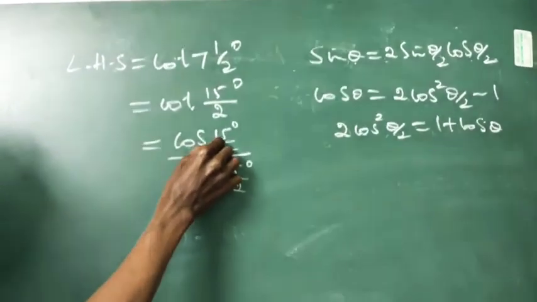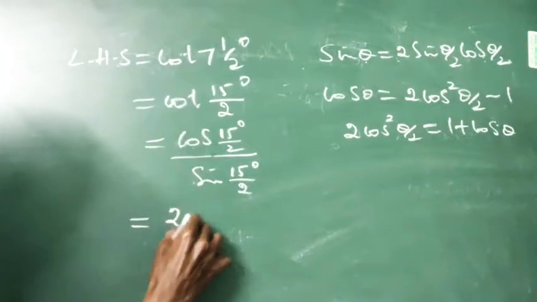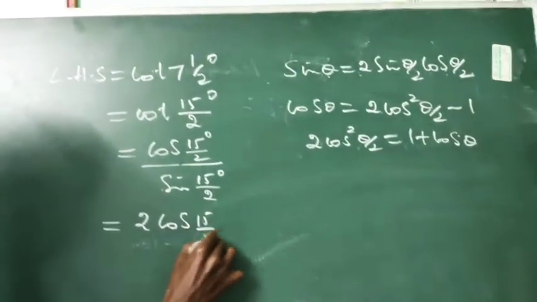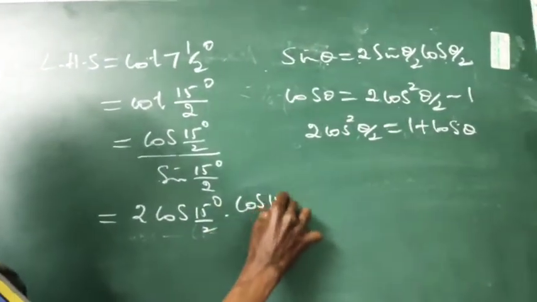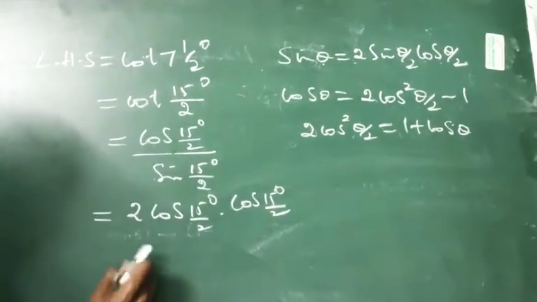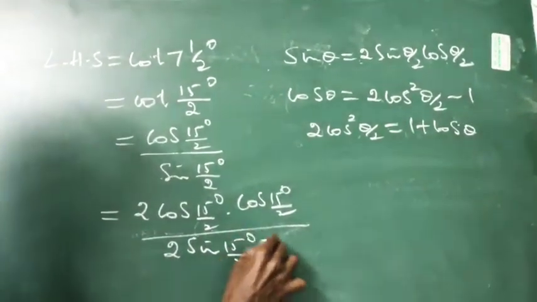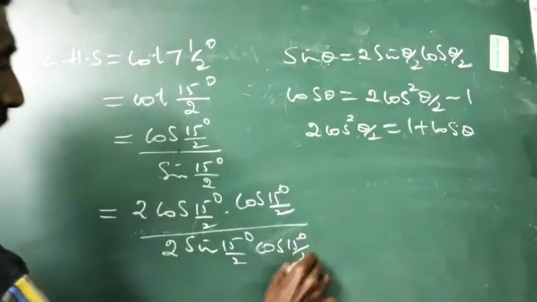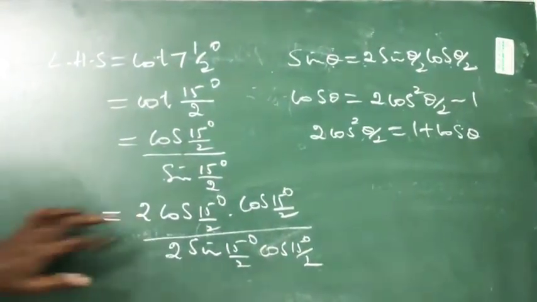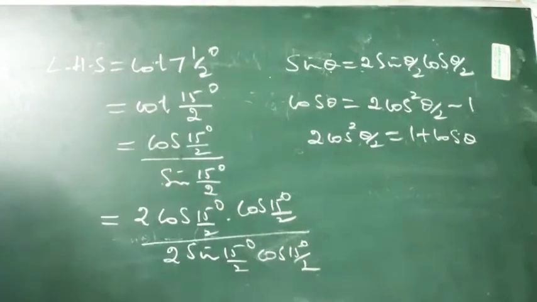Here theta is 15. So we multiply and divide by 2 cos 15 by 2 degree.